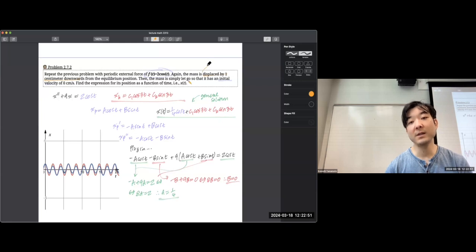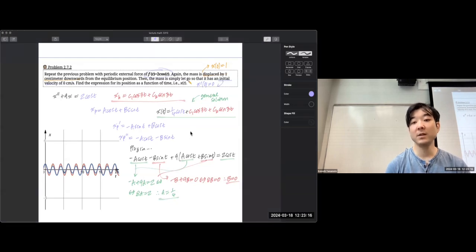Displaced by 1 centimeter downwards means that x of 0 is equal to positive or negative 1. We use the convention that stretching is positive, so down was actually positive. So this will be 1. And then your initial velocity is just 0, so x prime of 0 is equal to 0. So those are your two conditions.